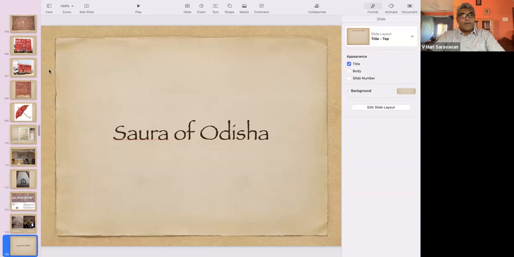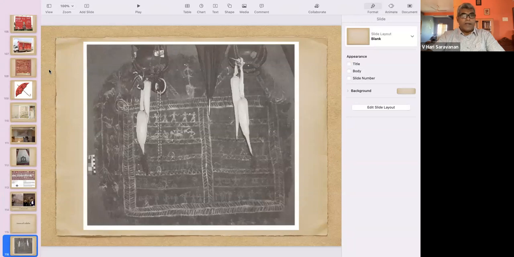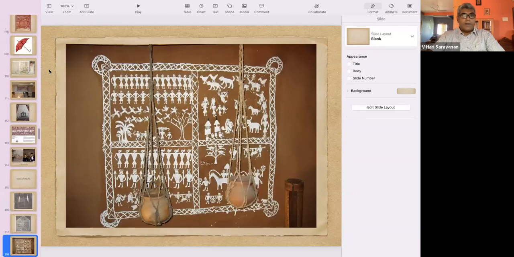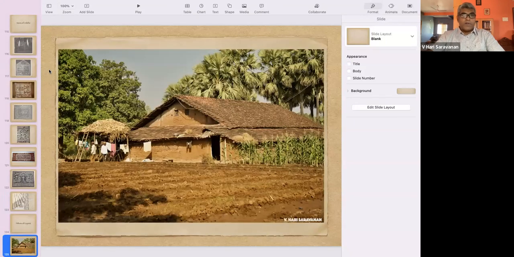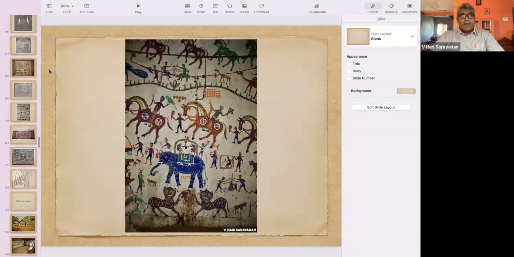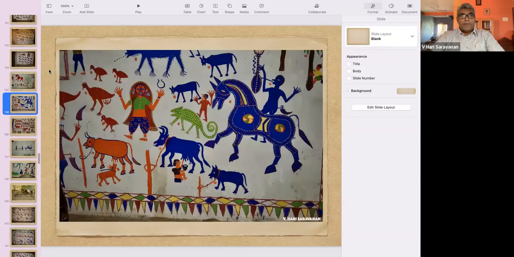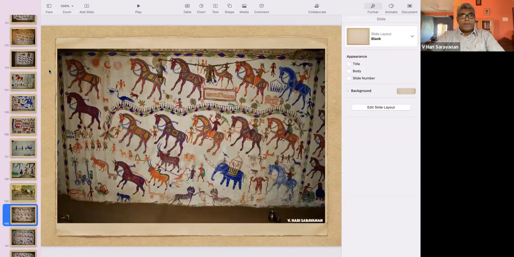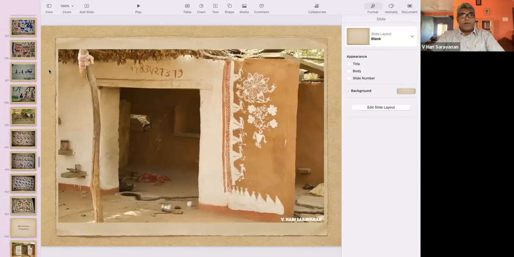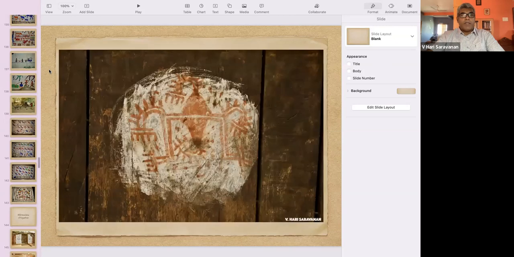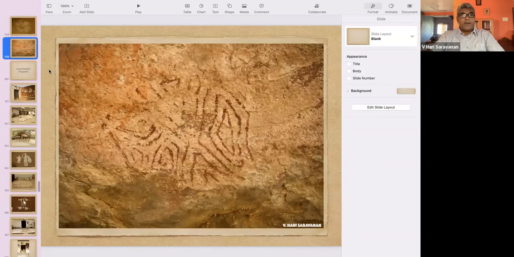Then we saw Saura painting of Odisha, followed by Pithora of Gujarat. Then Bhil Mandana of Rajasthan, followed by the Meena Mandana, again from Rajasthan.